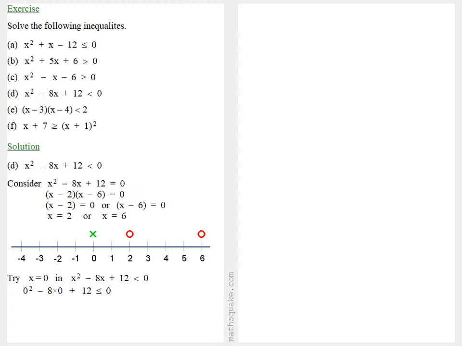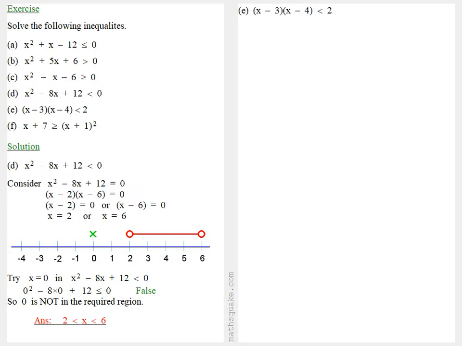In other words, 12 is less than 0. Now that's false. So 0 is not in the required region. So we shade in the section that lies between 2 and 6. Now that means 2 is less than x, which is less than 6.